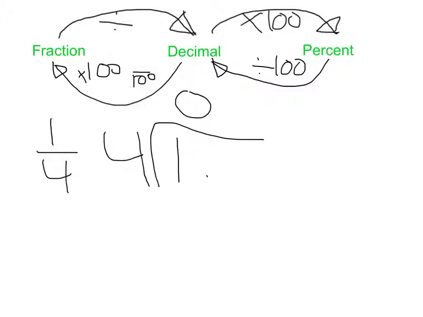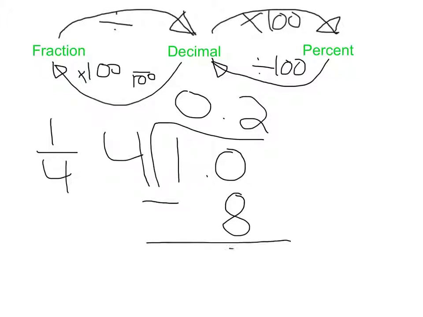We put a decimal and add a 0. 4 goes into 10 twice, so we put a 2 up here. Then we multiply 4 and 2, and that equals 8. Next, we subtract 8 from 10, and that gives us 2.